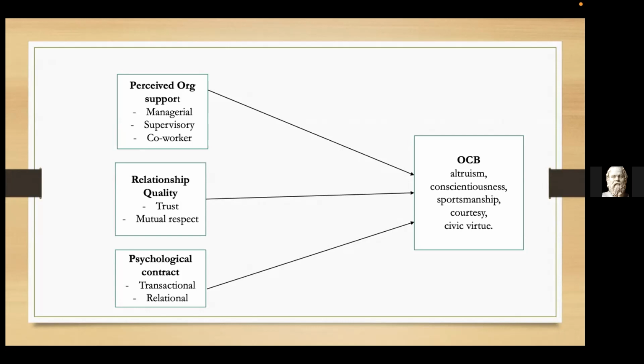All these three are different streams talking about the same thing, talking about social exchange. How do the leader and member relate? And from this relationship, what is the effect on the citizenship behavior?